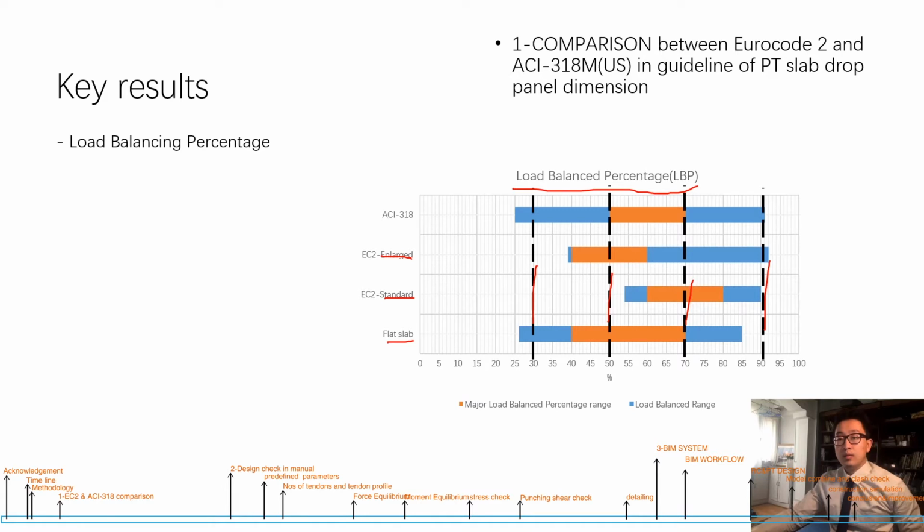So why is the ideal LBP between 50 and 70%, and not 80 to 90%? It's because theoretically, indeed, the LBP could be 100% or more than 100%. But due to the difficulties in construction, the pre-stressing tendon makes it difficult to control the accuracy of the internal upward force.